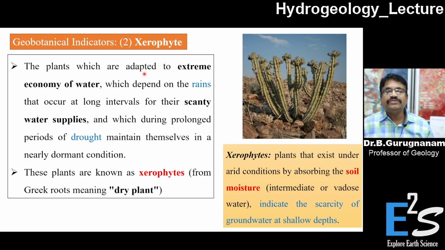These are plants adapted to extreme economy of water, which depend on rains that occur at long intervals for their scanty water supplies, and which during prolonged periods of drought maintain themselves in a nearly dormant condition. These plants are also known as xerophytes. It is taken from a Greek word meaning dry plant.